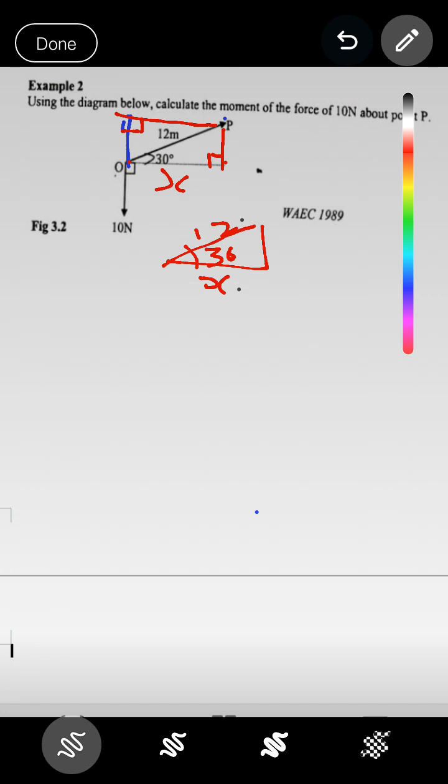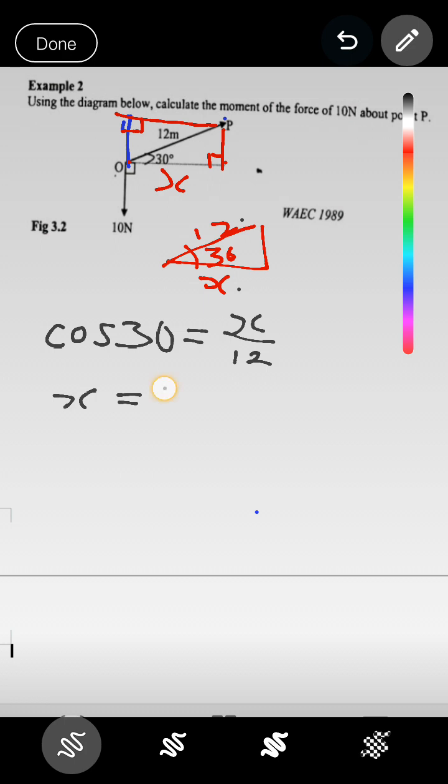So you use cos 30. Cos 30 is equal to adjacent x over hypotenuse 12. So x is equal to 12 cos 30.